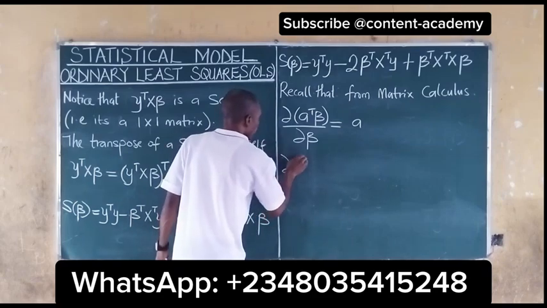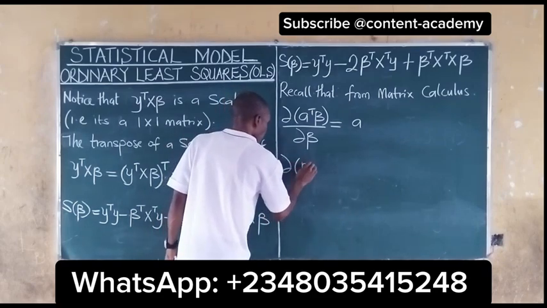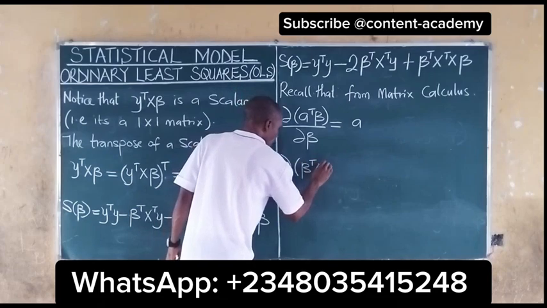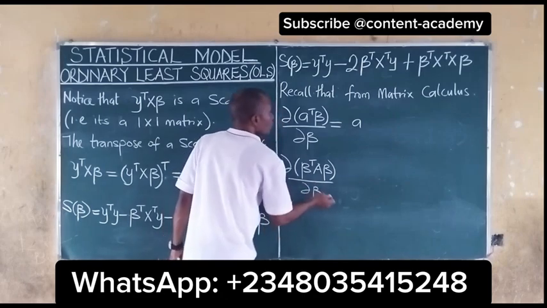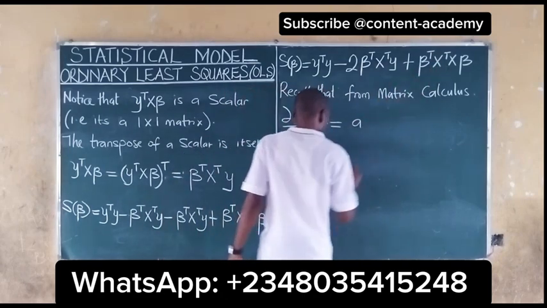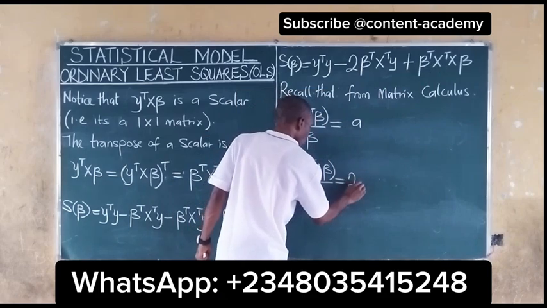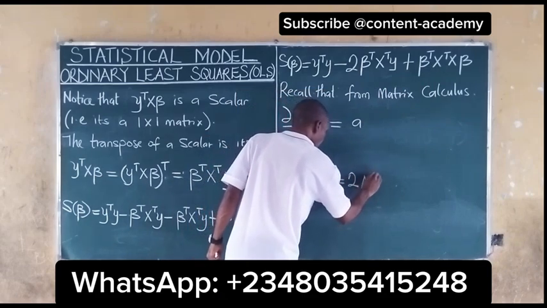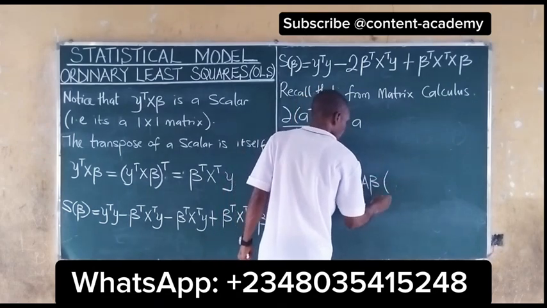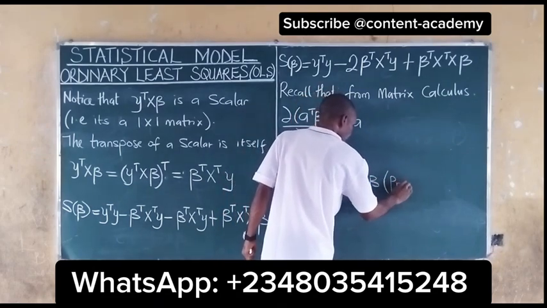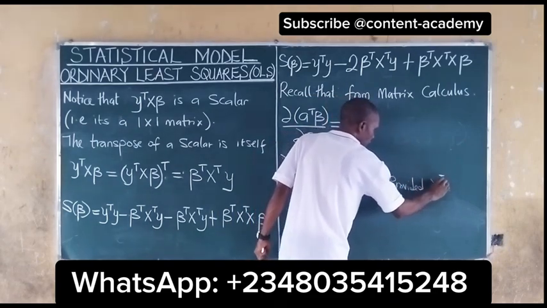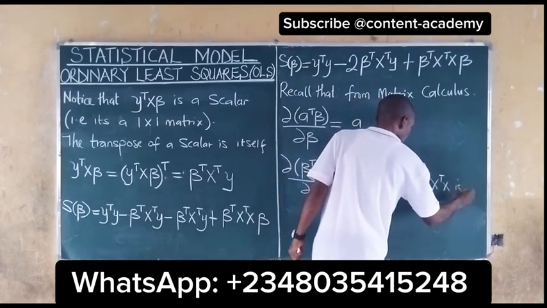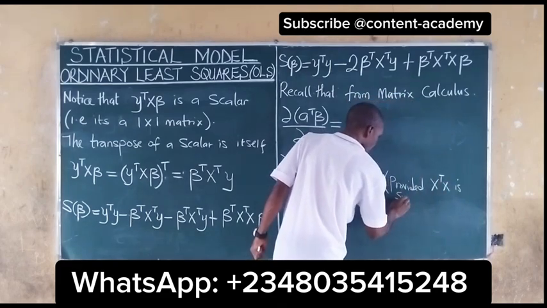Also, the derivative of b transpose Ab with respect to b is 2Ab, since X transpose X is symmetric.